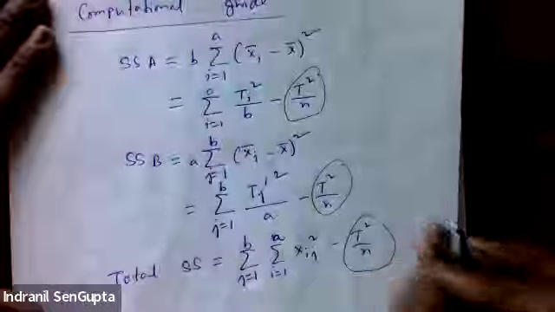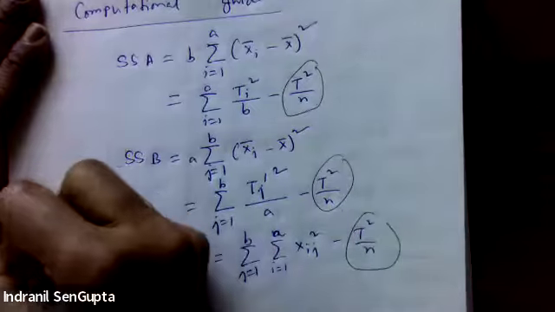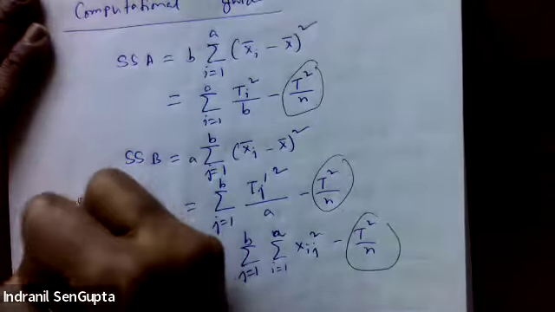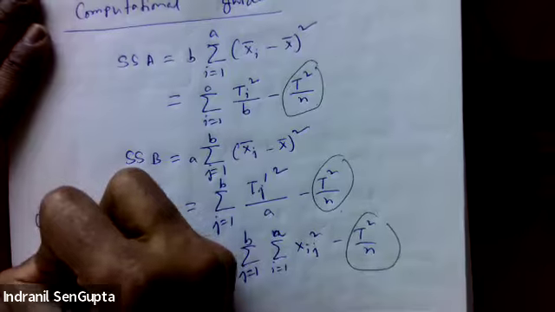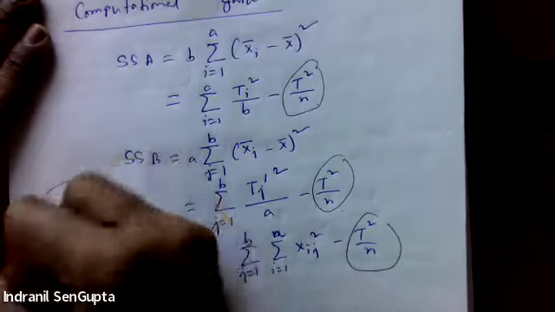That's why it's sometimes called the correction factor, because it appears everywhere, T squared over N.